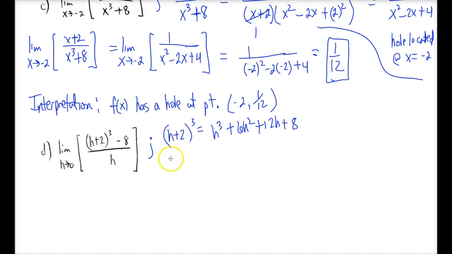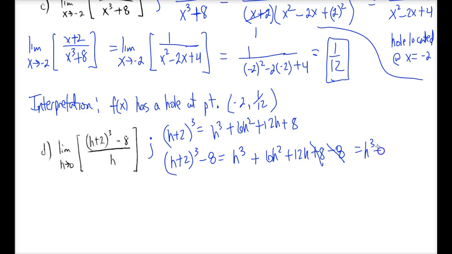All right, so now that we know that, then of course (h plus 2) cubed minus 8 is just going to be h cubed plus 6h squared plus 12h plus 8, and then minus 8. So that's going to cancel. And now we just have h cubed plus 6h squared plus 12h.